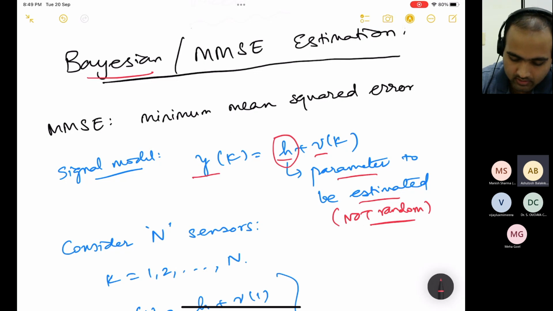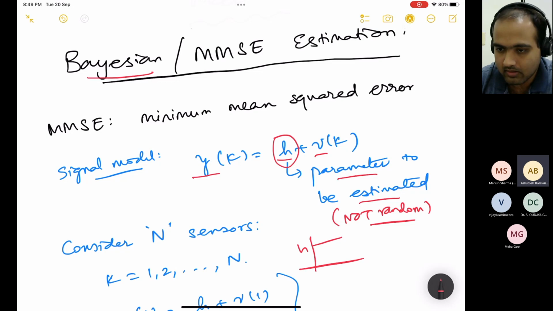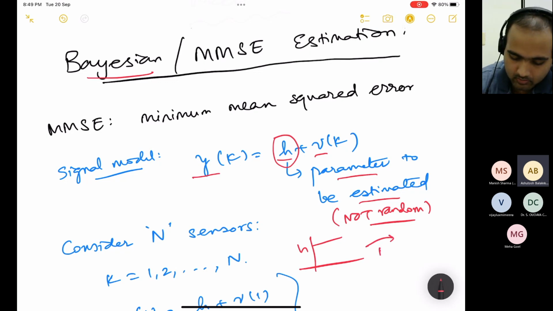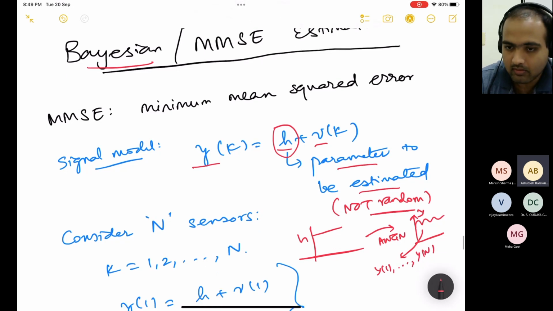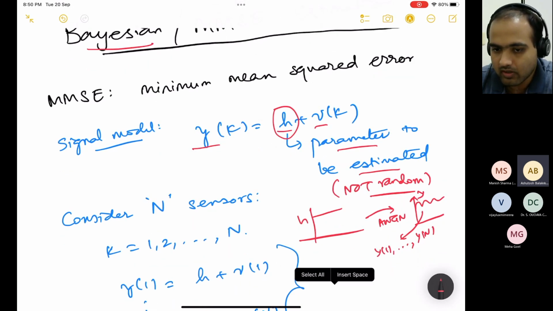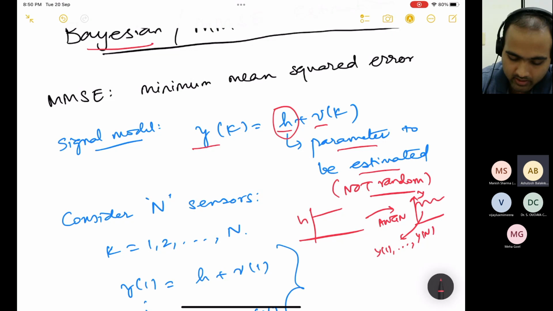For instance, this is my h, which is being influenced by additive noise, and we are getting some variations which is my y, and these are being sampled as y1 up to yn, and we were using these samples y1 to yn to find out the h. So basically my h was deterministic, and it was not random in nature.